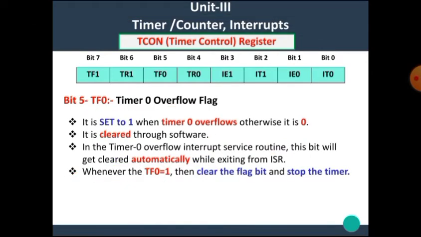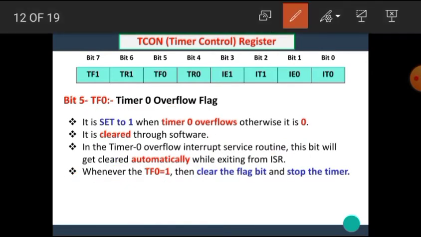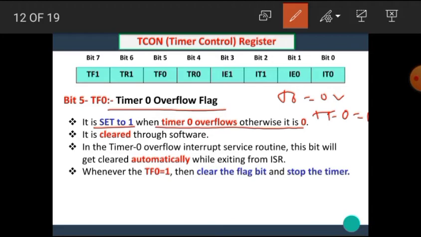The next bit is TF0, that means the timer 0 overflow flag. It is set to 1 when timer 0 overflows, otherwise it is 0. That means when timer 0 overflows, this TF0 bit is set. When timer 1 overflows, TF1 is set. When timer 0 overflows, TF0 is set.